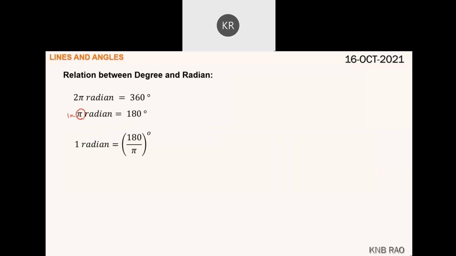So 1 radian is 180 by pi times of degree. So it's a relation between radians and degrees: 2 pi radians is 360 degrees, pi radians is 180 degrees, 1 radian is 180 by pi degrees.